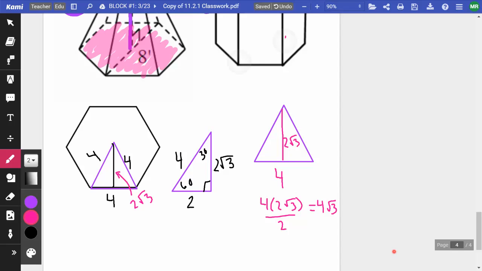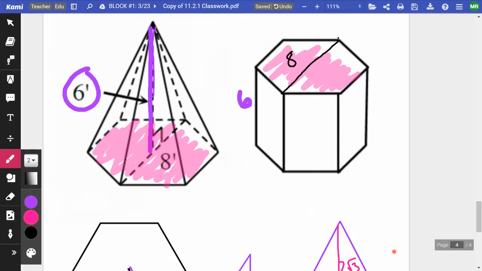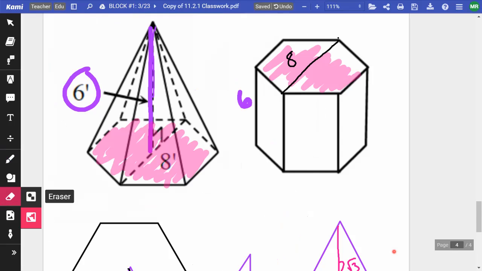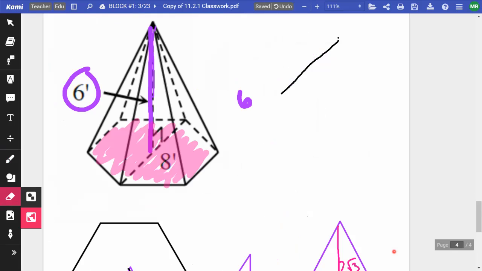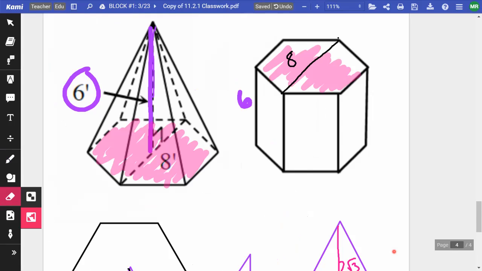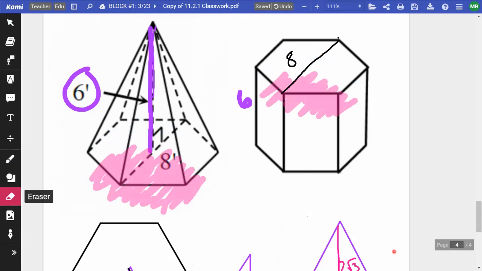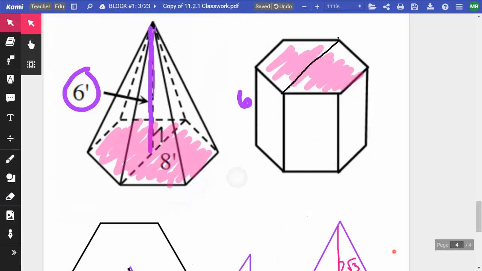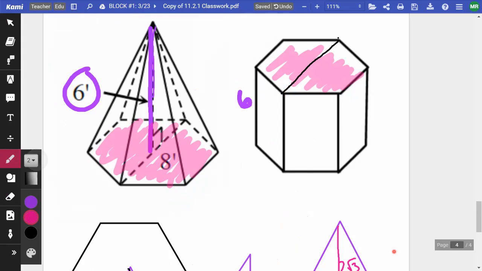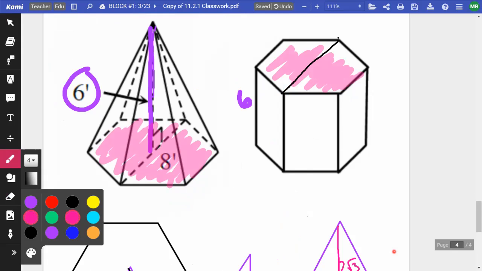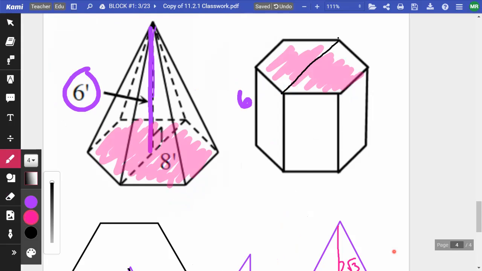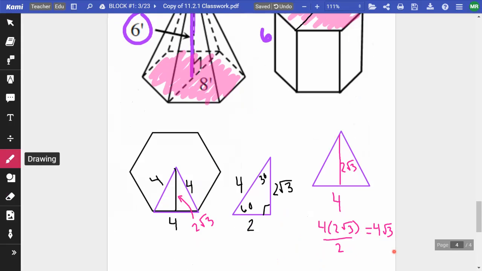So the area of this top here, it was 4 root 3 for one of these triangles.